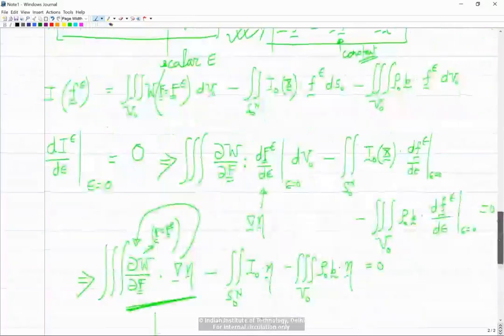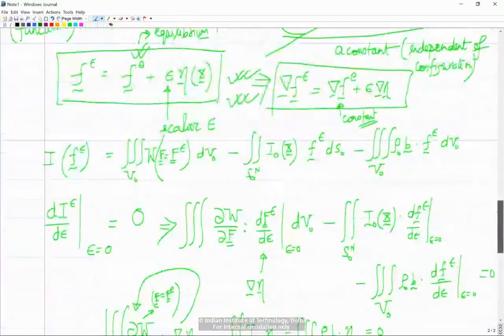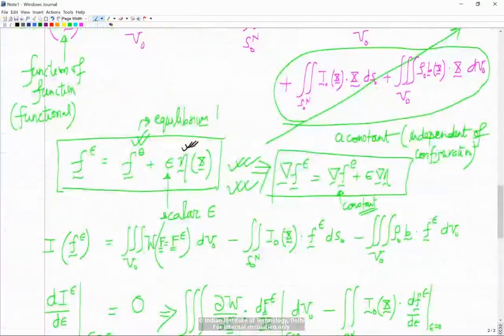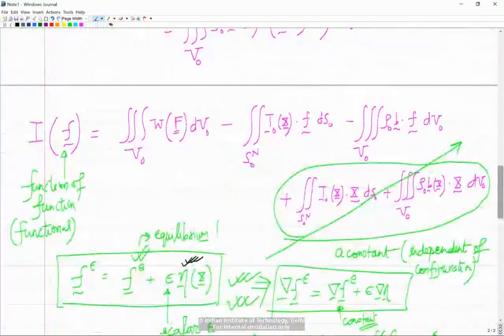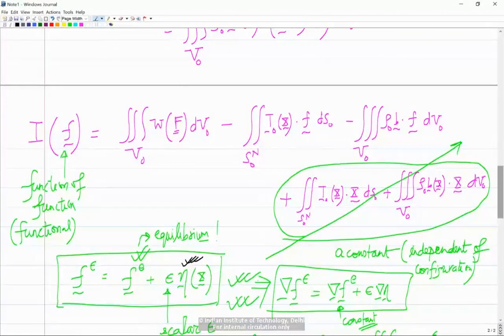And also one thing that I forgot to say, this eta that you have here. When I said you have to minimize this energy functional with respect to configuration, you have to look for different configurations and see for which configuration is the minimum. So when you search for those functions of configuration, those functions must be all compatible with any boundary condition that you may have prescribed.